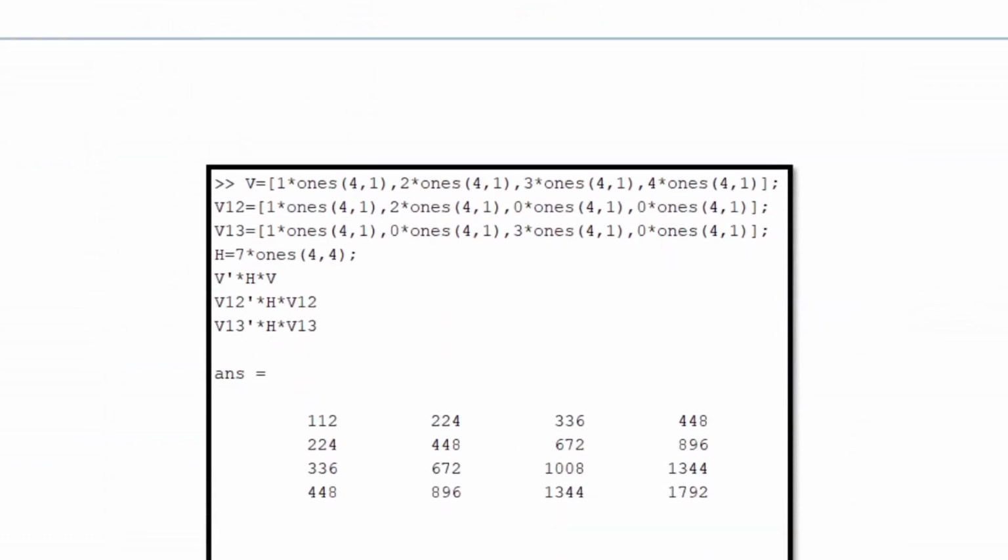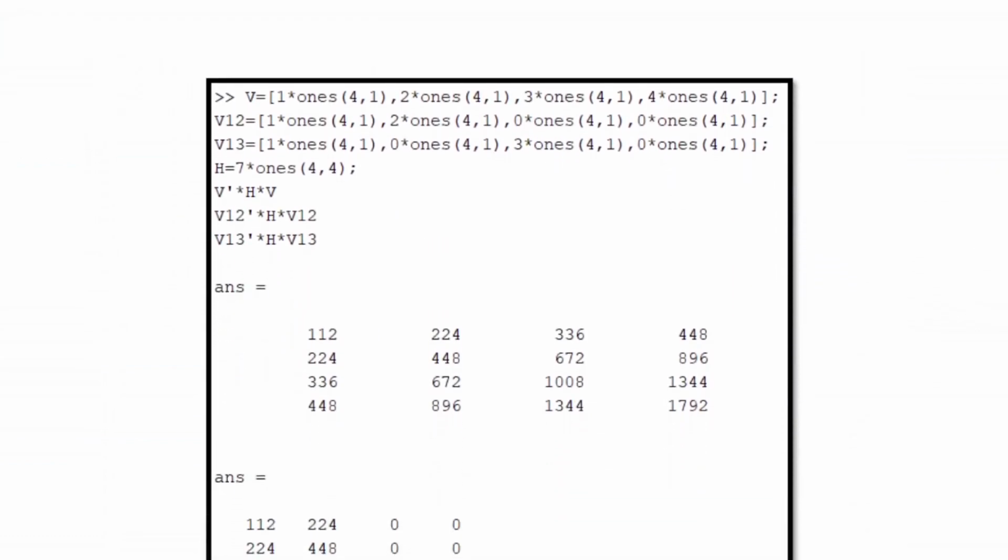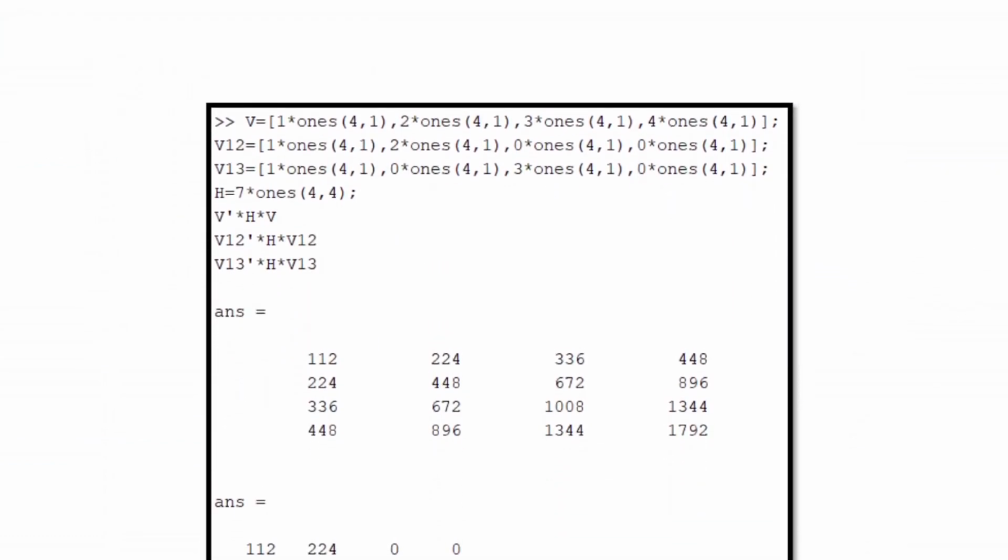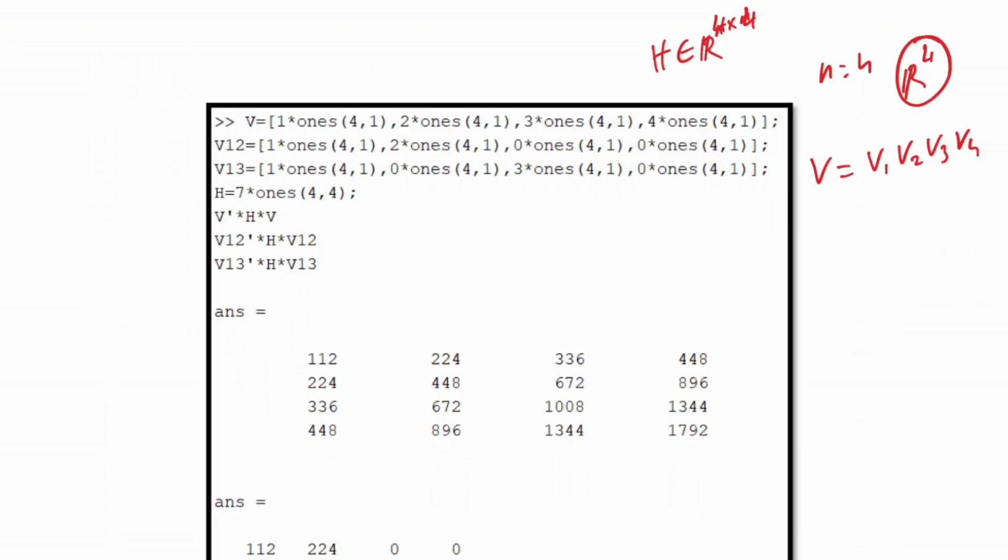And okay, let's focus on this little MATLAB code. The V matrix was V1, V2, V3, and V4, right? Imagine n equals 4, so R^4. So H is m by n, and in that case 4 by 4.